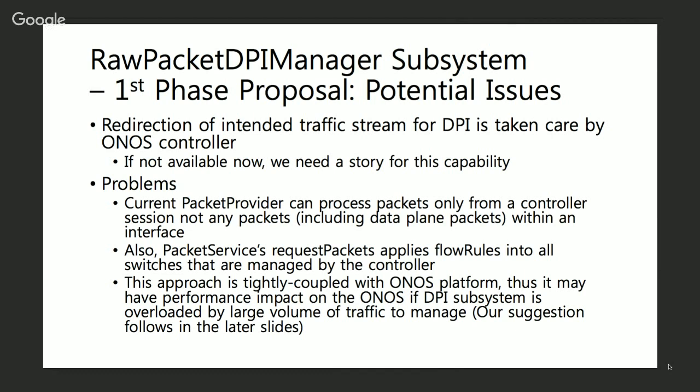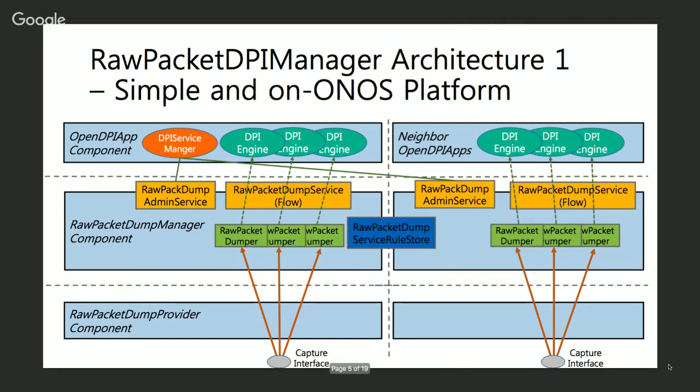Right. So because of this, we debated from our initial thought into two other options, one of which is an on platform solution and the other is off platform. But the on platform solution is, instead of putting the DPI engine in the core part, we are pushing that into the application level.